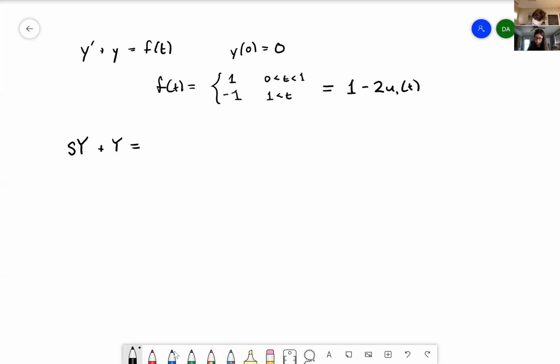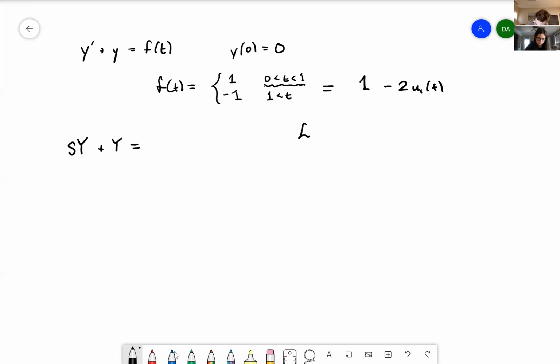Since the Laplace transform only cares about what happens from 0 onward, we're just going to write it like this. We could write it like u0 of t minus 2 u1 of t, but we would end up getting the same thing. So let's just say 1.